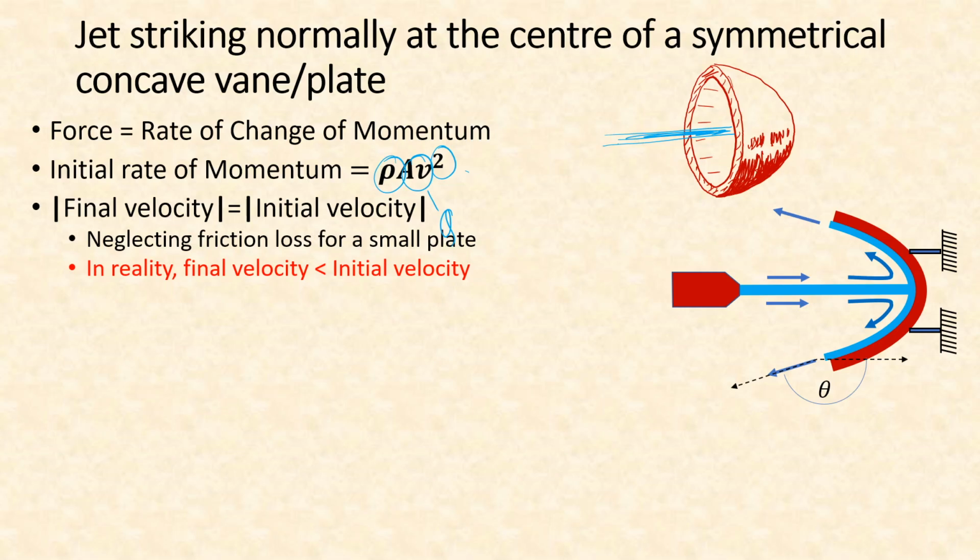Now the final velocity is equal to the initial velocity. That's an assumption that we are making. The meaning of the assumption is that the speed at which the jet comes out of this plate is equal to the original speed of the jet, and we are making this assumption simply to make our calculations easier.